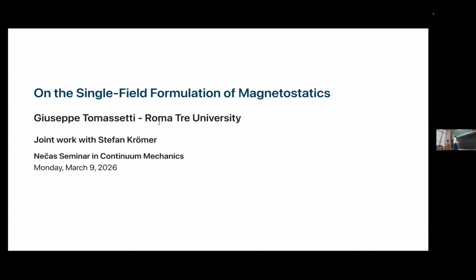2004, essentially, more than 20 years ago. And they consider a completely different point of view. So instead of using the magnetization and the magnetic field as the primary variables, they use the magnetic induction.